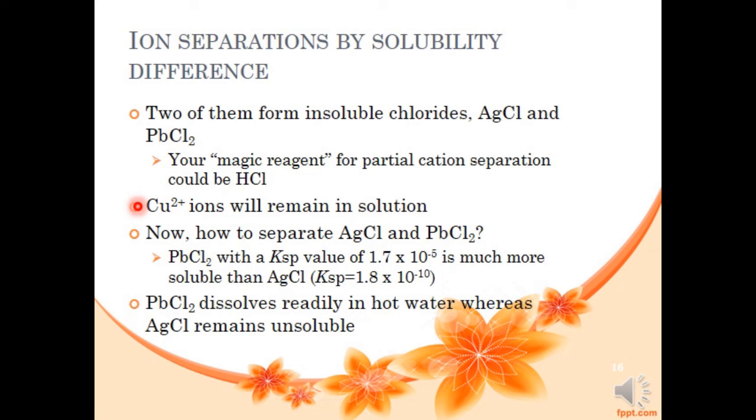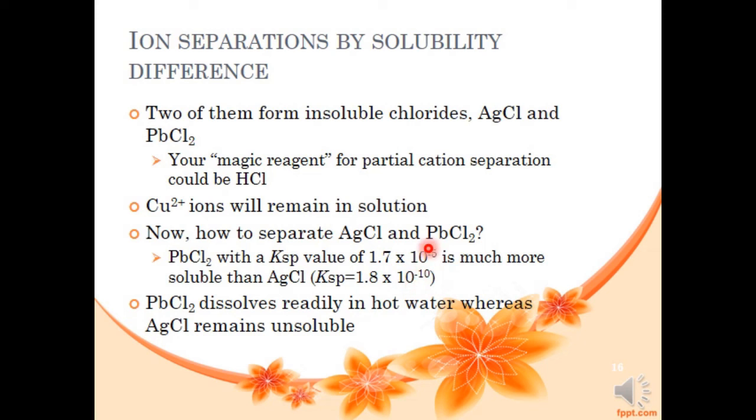We have copper. Now how to separate that solid silver and lead chloride? We compare the KSP value like we did for silver chloride, silver bromide, and silver iodide. The KSP value for lead chloride is 1.7 times 10 negative 5. The KSP value for silver chloride is 1.8 times 10 negative 10.